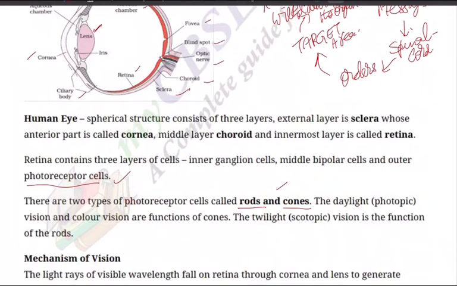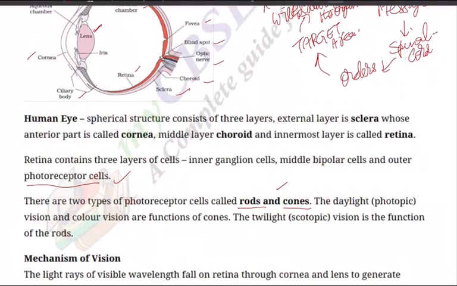Now, I want to give the importance of these rods and cones. Being 11th class students going to the 12th class, and you are going to write UPSC NDA, it is better to check your eyesight first. Is it 6 by 6 or not? That is the first thing. Second, see if the number of rods and cones are perfect or not.